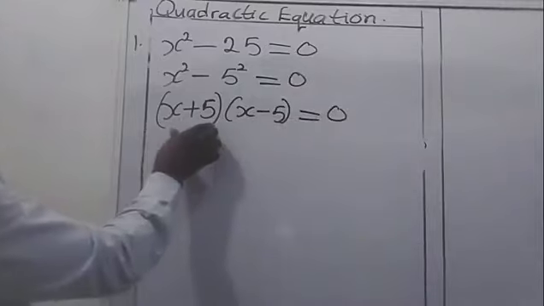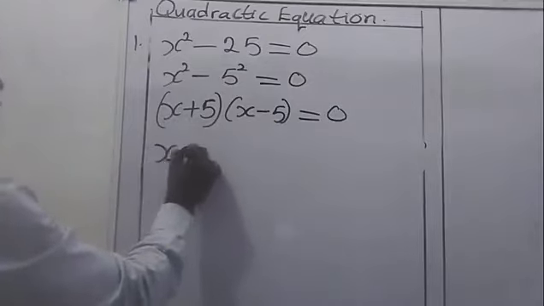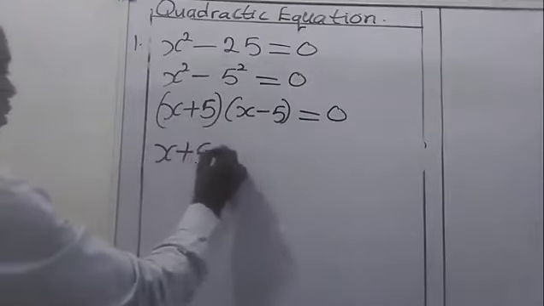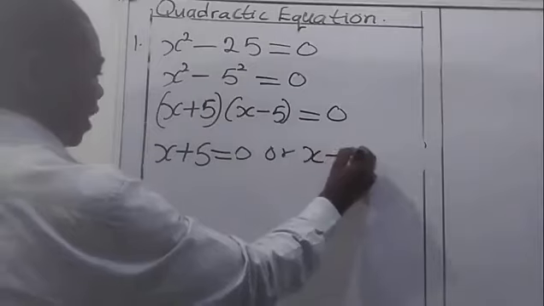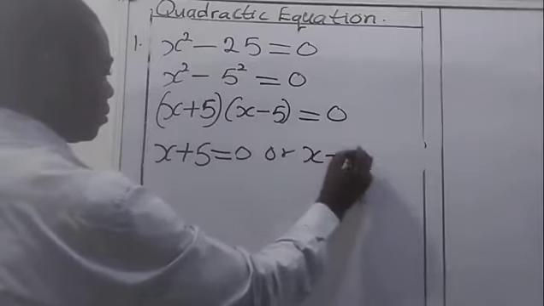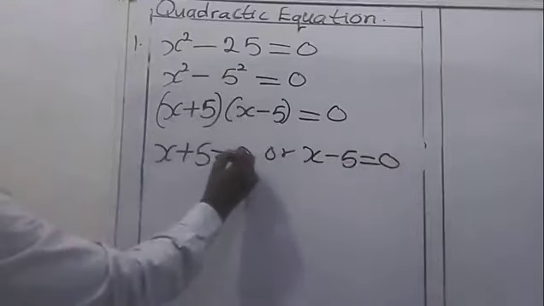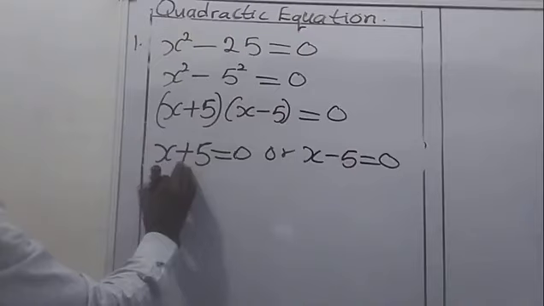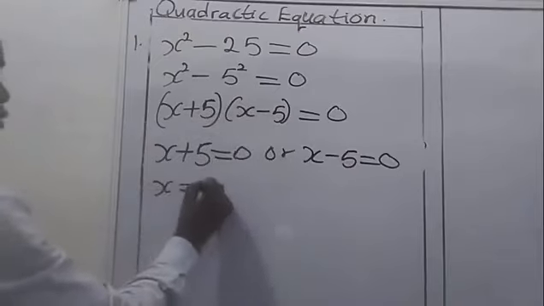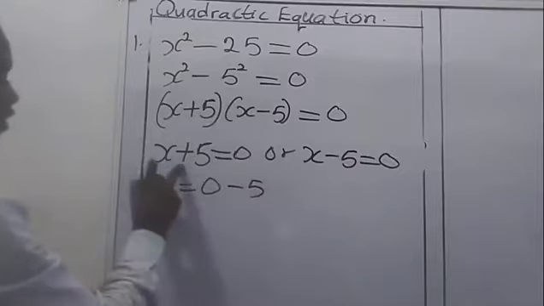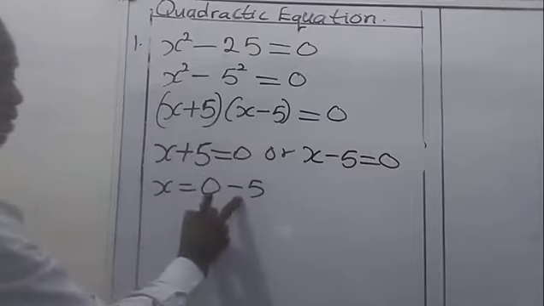So we are going to equate each of these to 0. It means x plus 5 equal to 0, or x minus 5 equal to 0. Collecting like terms, taking positive 5 to the other side, we have x is equal to 0 minus 5, because if positive 5 crosses the equality sign, it becomes negative 5.